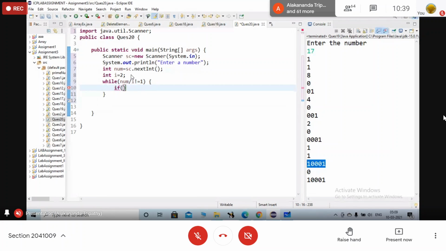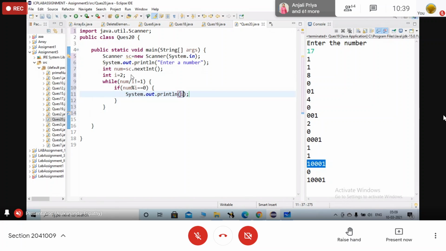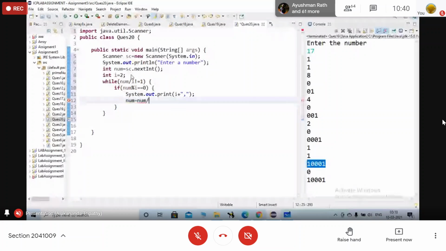If number mod I is equals to 0, if it is divisible, then print the value of I. Else, I plus plus.